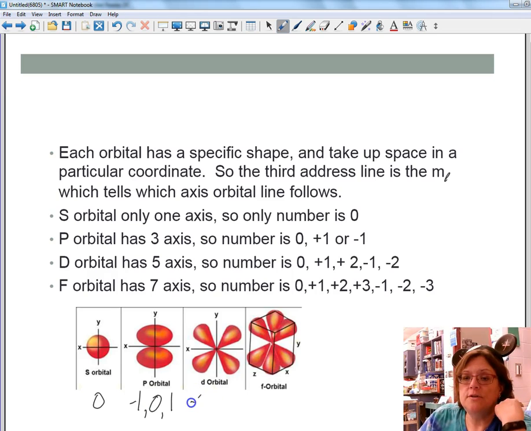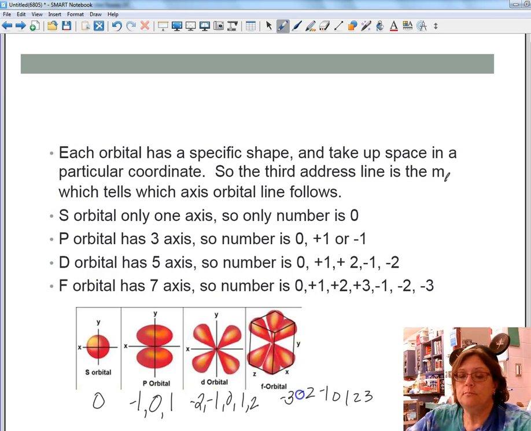The third number for d orbitals are -2, -1, 0, 1, or 2, because there are 5 of them, and there are 7 of the f, -3, -2, -1, 0, 1, 2, 3. That is what we call the ml number.